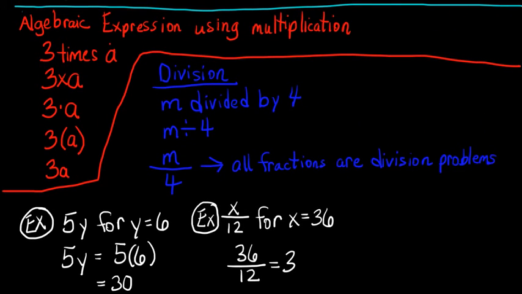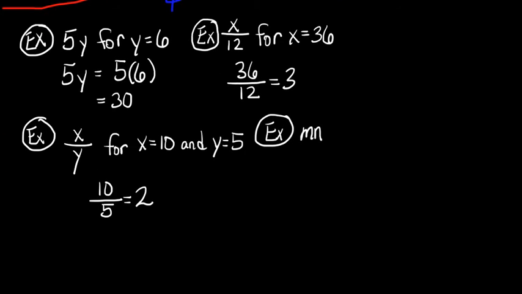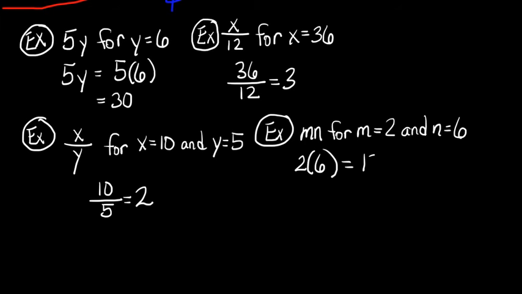So mn for, let's say, m equals 2 and n equals 6. That would be 2 times 6, and we know 2 times 6 equals 12. So that's what some algebraic expressions will look like in algebra.